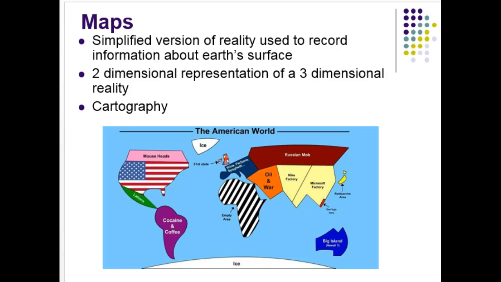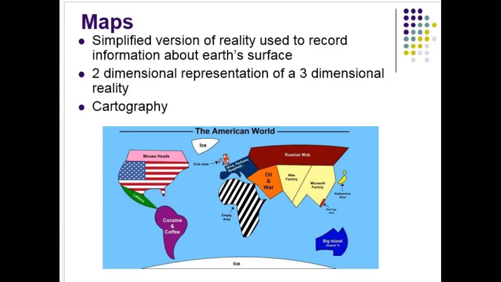Alright, so let's talk about maps. Maps are always a simplified version of reality that we're using to record information about the Earth's surface. Any cartographer, that is a person who is invested in the science of map making, is going to be filtering out what they put on a map and what they don't put on a map.